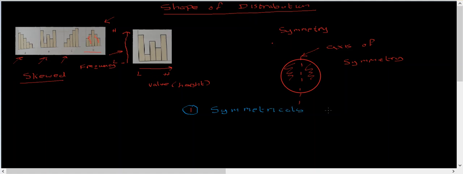If we take D, for example, D will be an example of symmetrically distributed data. There is symmetry in relation to the shape of the distribution.